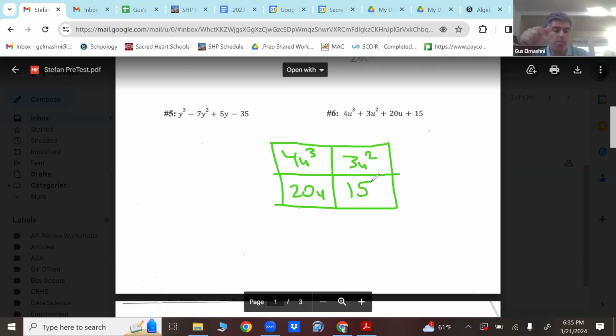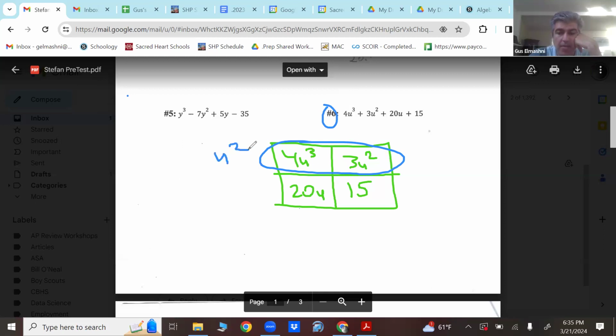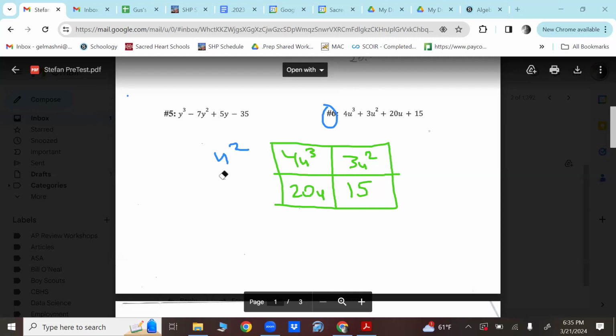Okay, look at the first row. What can you take out of the first row? Why? Where are you getting Y from? I don't see any Y's. Number 6. I meant you. Okay. Are you sure? Yeah, u squared. Okay, good. Second row. 5. Good. Much better.